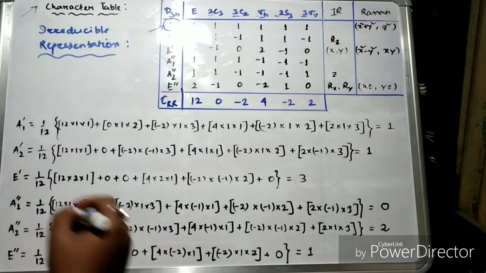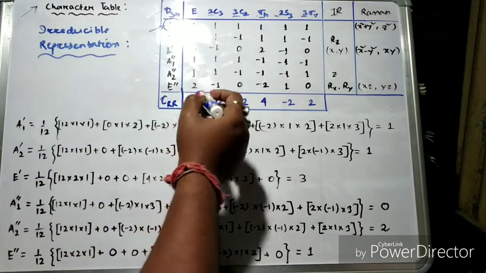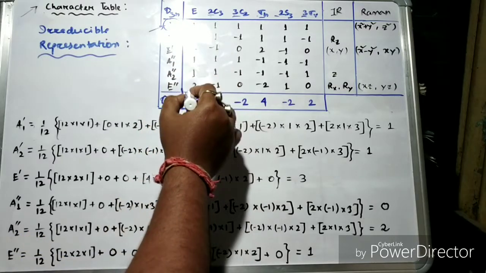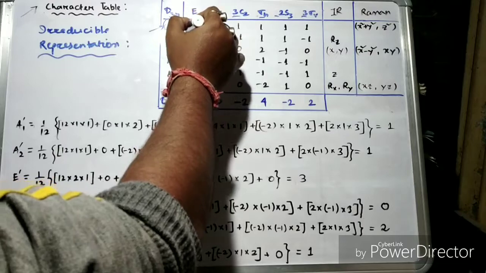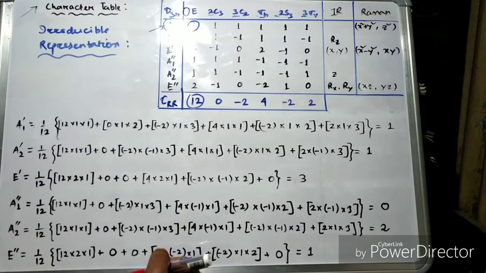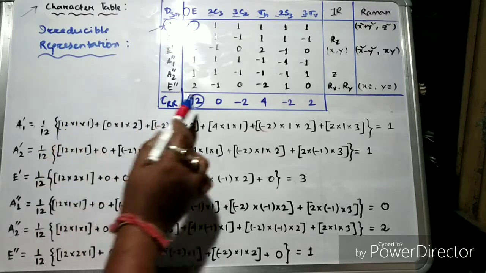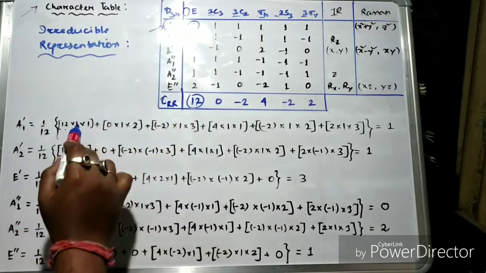We will simply multiply all these terms. For A1 dash you have to multiply this reducible representation value with this one and the coefficient of the symmetry operation. So here it will be 12 multiplied by 1 multiplied by 1, because the coefficient is 1.